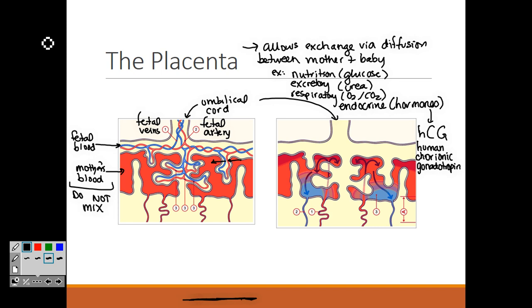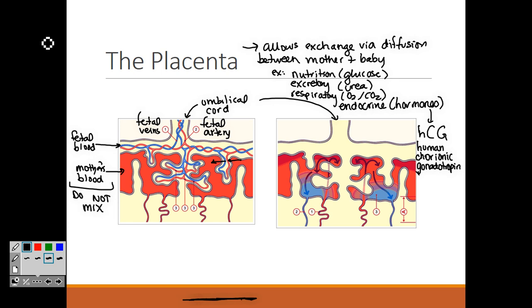And now that I've told you what the chorion is, you might say, oh, okay. The placenta is formed on the baby's side by the chorion, so that's where the name is coming from. The little h for human, like how growth hormone has a little h. And gonadotropin because it's going to stimulate reproductive structures to make other hormones. Now, HCG, this particular hormone, this is the one that a pregnancy test would be trying to detect.